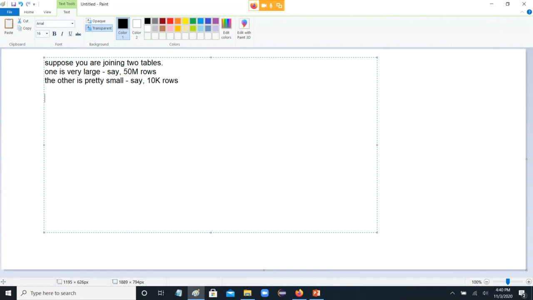If you're doing one of those big outer joins, the full-blown big outer join, that could be 50 million times 10,000 equals 500 billion rows, which is a big problem for any standard hardware, right? With a 1 terabyte drive, 500 billion rows, you won't even have enough space to store the key fields.